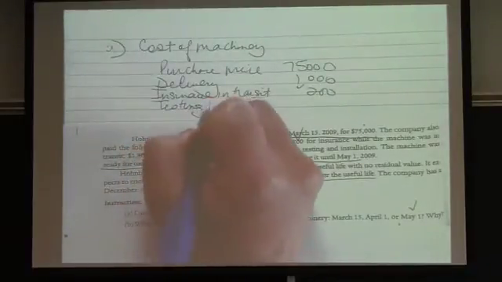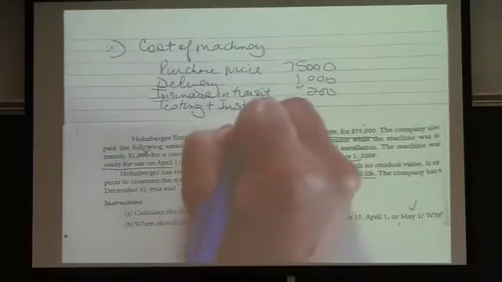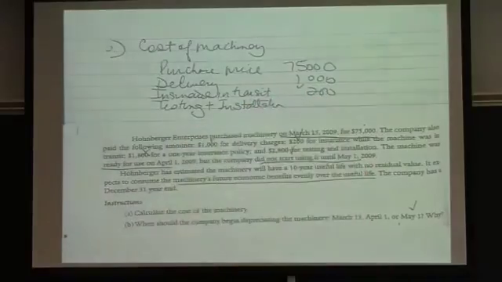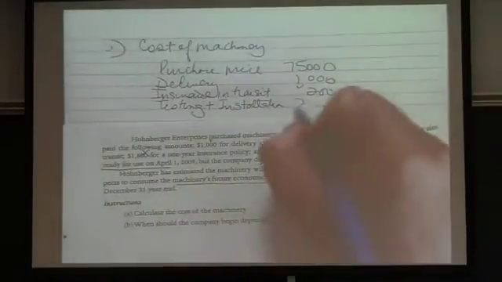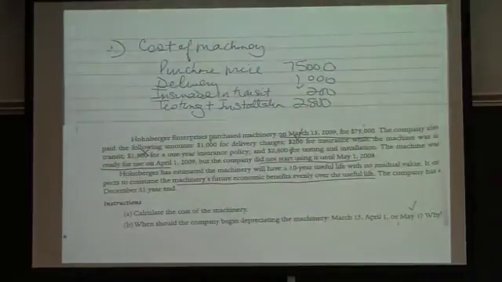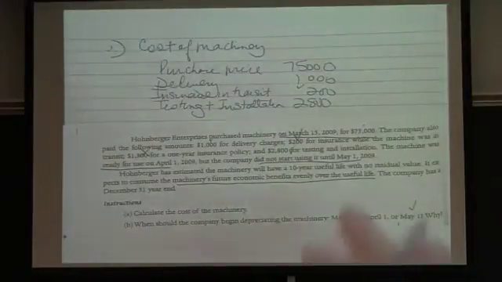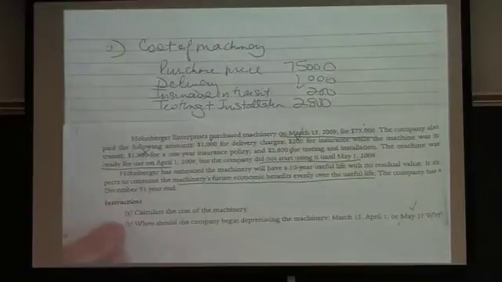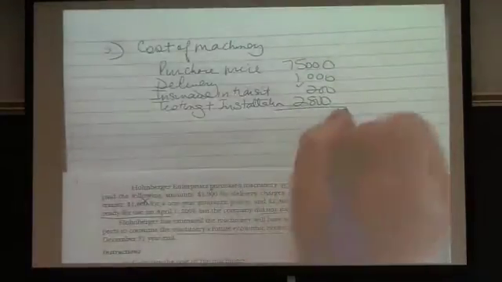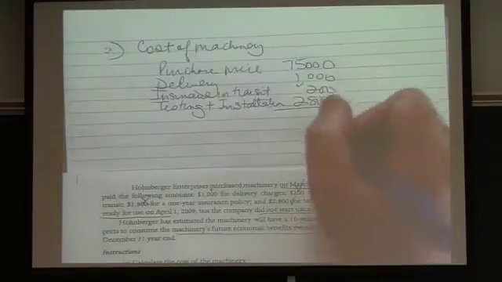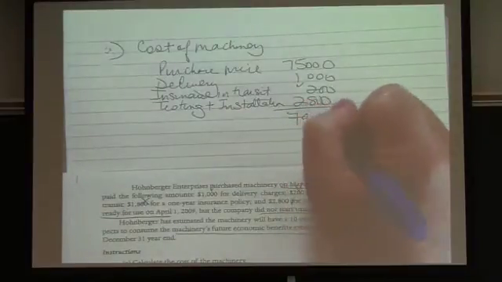So testing and installation, we need to add that in there. That's $2,800. Now, there's no other cost. So to answer part A, what is the cost of the machinery? We need to add all of this, and this gives us $79,000.